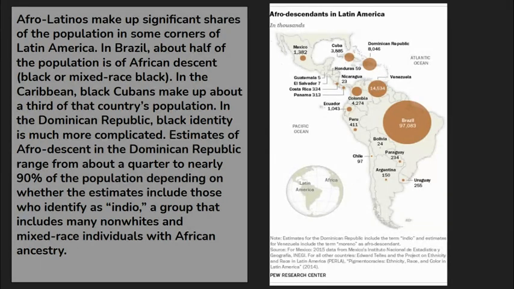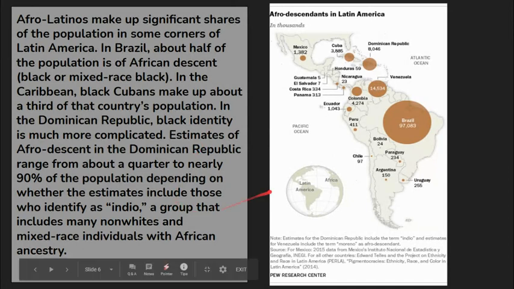Estimates of Afro descent range from about a quarter to nearly 90% of the population, depending on whether the estimates include those who identify as Anglo, a group that excludes many non-whites and mixed race individuals with African ancestry.